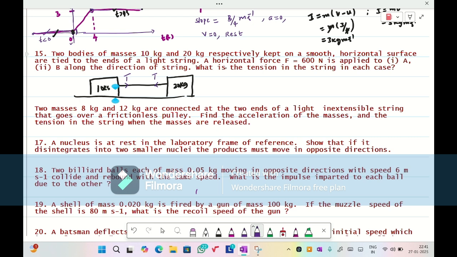And now the horizontal force 600 Newton is applied. First of all, consider this as A, consider this as B. On A, 600 force is applied.